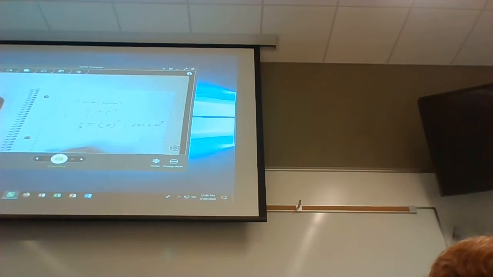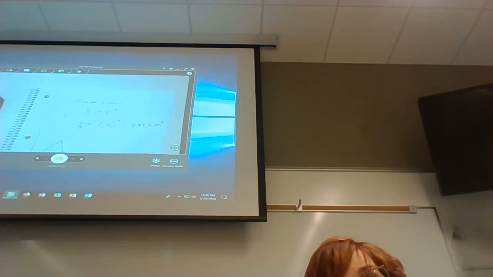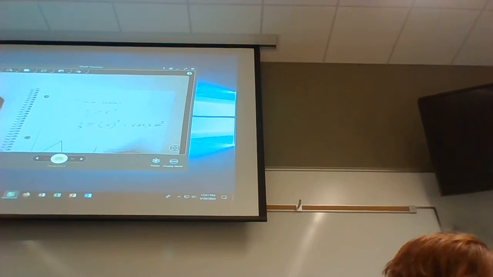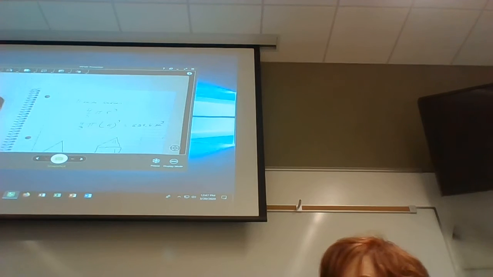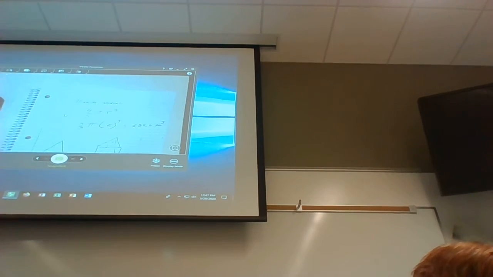Another thing they have is basically cones and pyramids. If you're dealing with anything that's cone shaped or pyramid shaped, your volume will be 1/3 times the area of the base times the height.